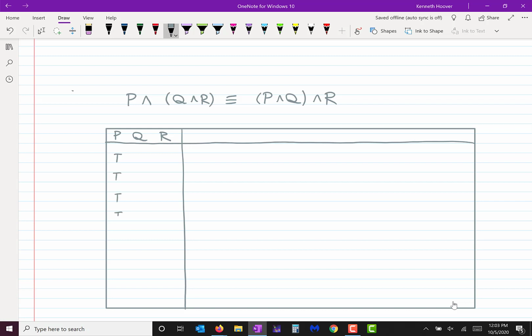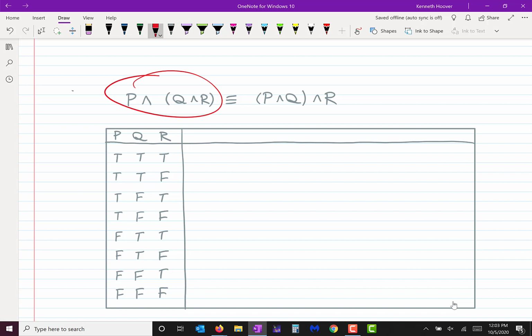I can do it faster that way, because I have a strategy for that. Okay, there we go. Those are all the possible combinations of truth and falsity. Okay, so let's build up to this.